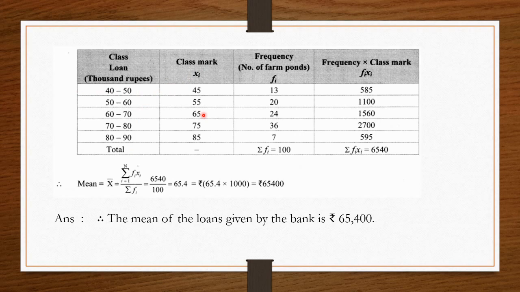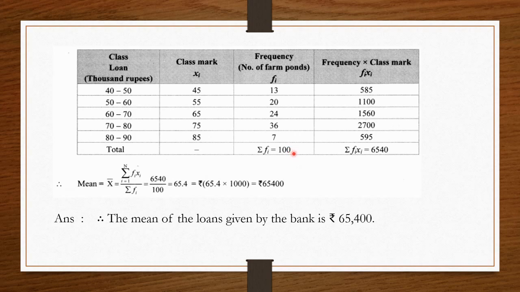And the third column, the frequency fi, is already given: 13, second one is 20, third one is 24, fourth one is 36, and fifth one is 7. And sigma fi is the sum of the frequencies, equal to 100.